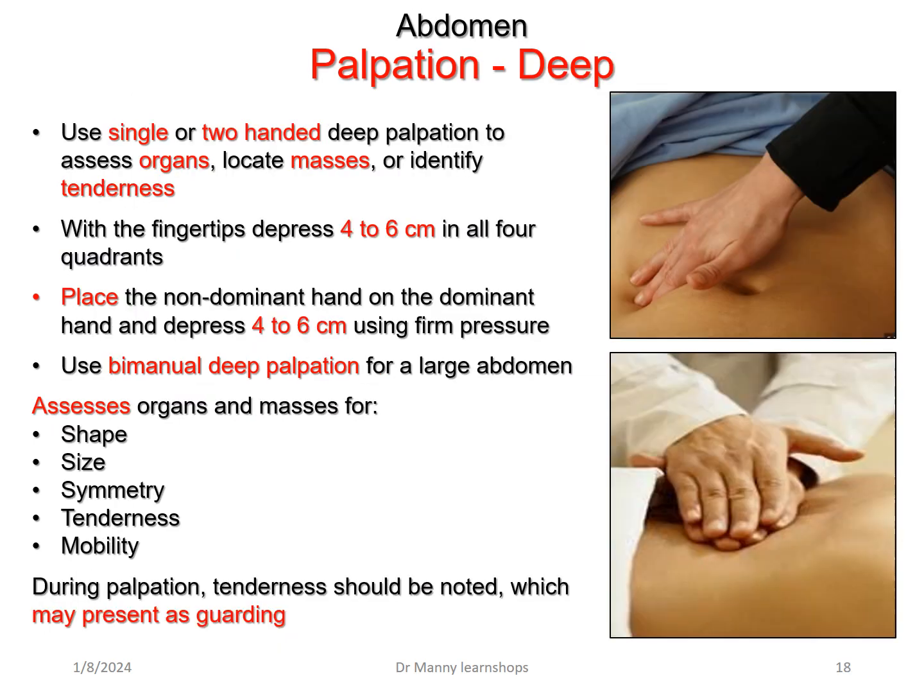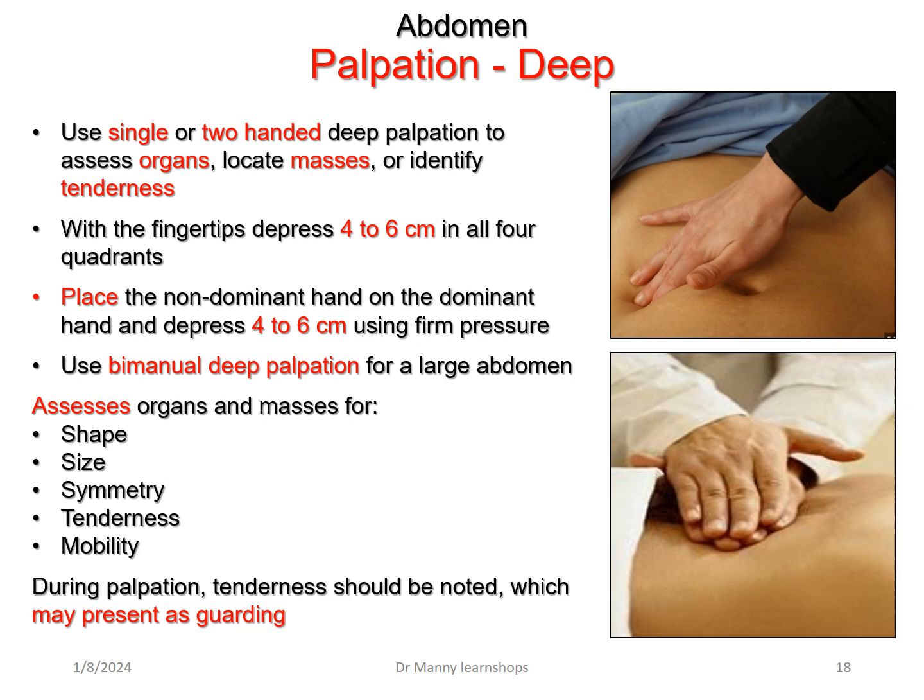Then you follow with deep palpation, where you use a single or 2-handed technique to assess for organs and locate masses or identify tenderness. With the fingertips, you depress 4 to 6 centimetres in all 4 quadrants. You place the non-dominant hand on the dominant hand and press down using firm pressure.